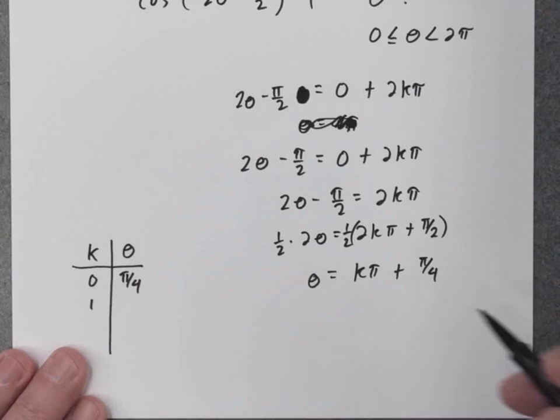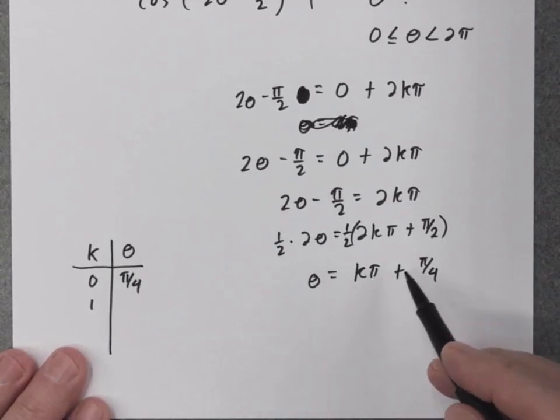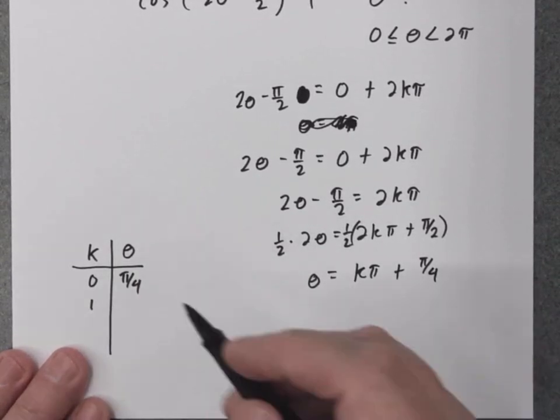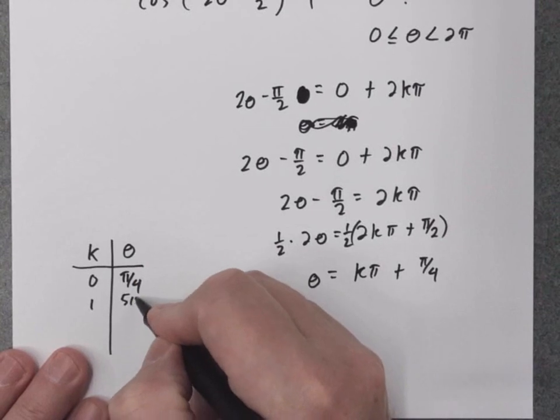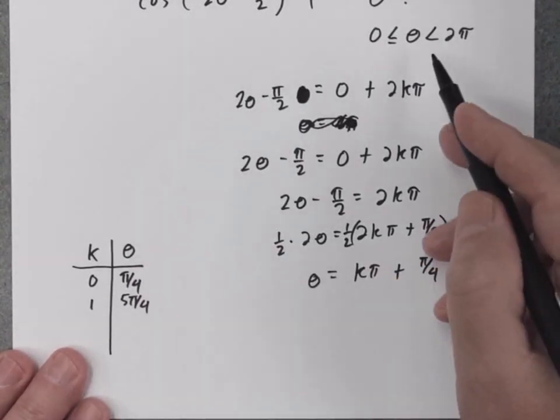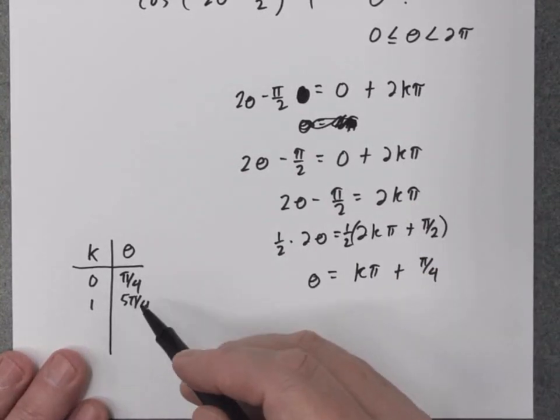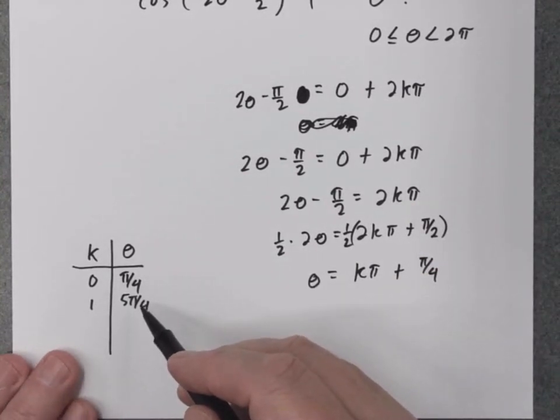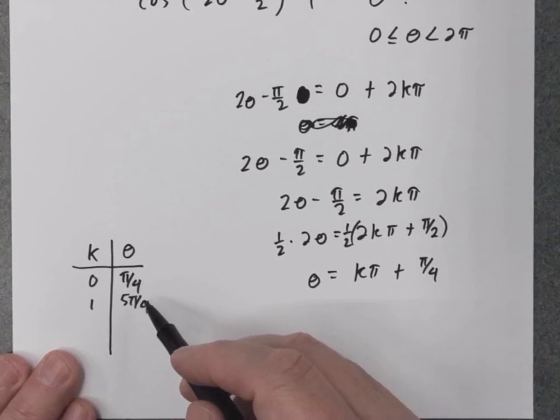How about when k is 1? So it's pi plus pi over 4, and that's actually 5 pi over 4. And that's between 0 and 2 pi, so there's a second solution. Now this is something you have to do, and normally it doesn't amount to anything, but occasionally it does.